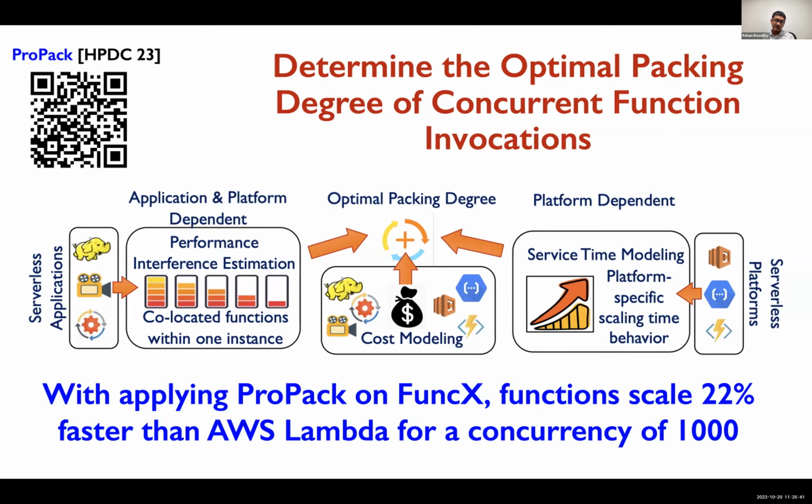An interesting thing that we observed is that we implemented this approach, which we call ProPack, on FuncX, and by packing multiple functions in a serverless function instance, we can make FuncX scale 22% faster than AWS Lambda, which is a very well-known production serverless platform, at a concurrency of 1,000. And if we increase the concurrency, this improvement increases slightly.